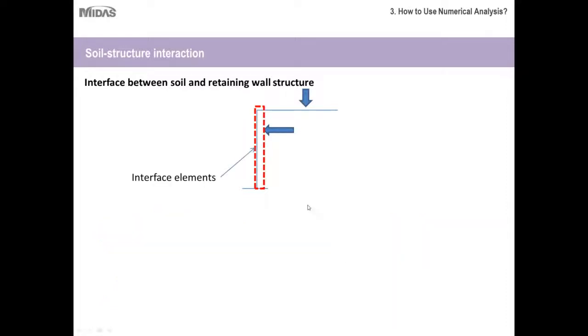So what we have to do is to apply a separate layer of elements called interface elements right at the surface of the wall which is facing the soil.